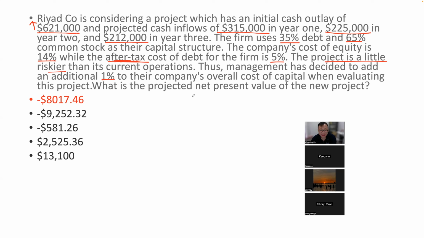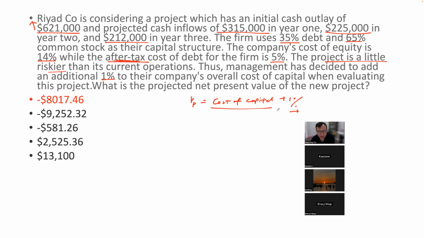So the expected return of the project is the company's cost of capital plus 1%. This 1% compensates for the additional risk of the project compared to the other operations. So now you need to figure out your cost of capital.